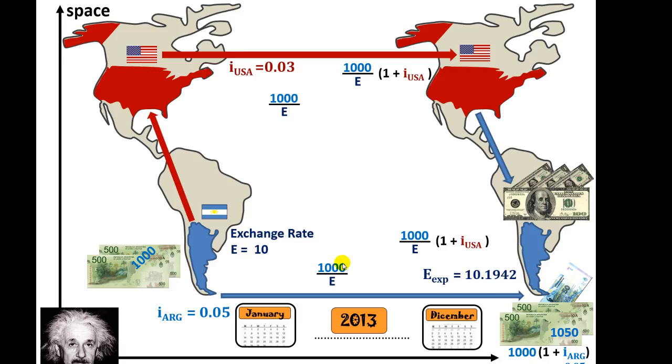So if this is the case, then in order to change dollars into pesos, I have to multiply this $103 times the expected exchange rate, and then this times this gives us exactly this amount of money. I chose this value to get exactly this.